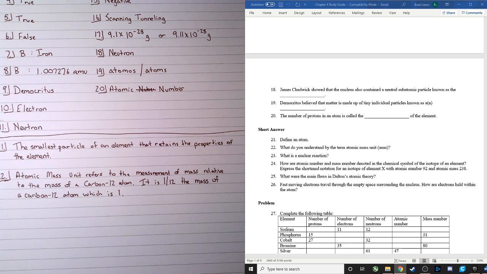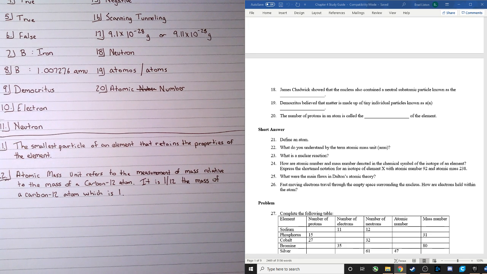All right, so 1/12 of the mass of a carbon-12 atom is, well, 1.